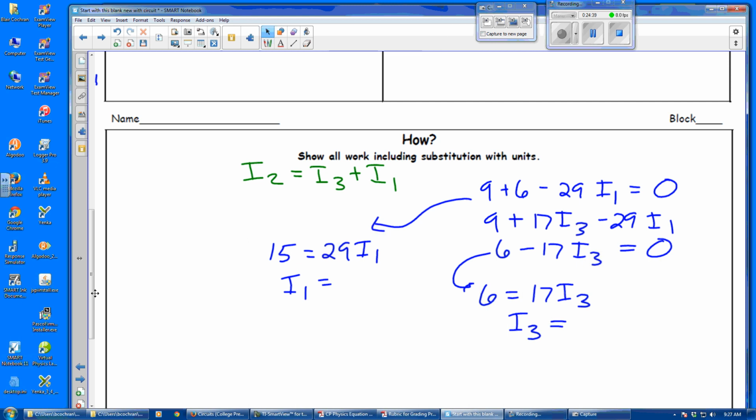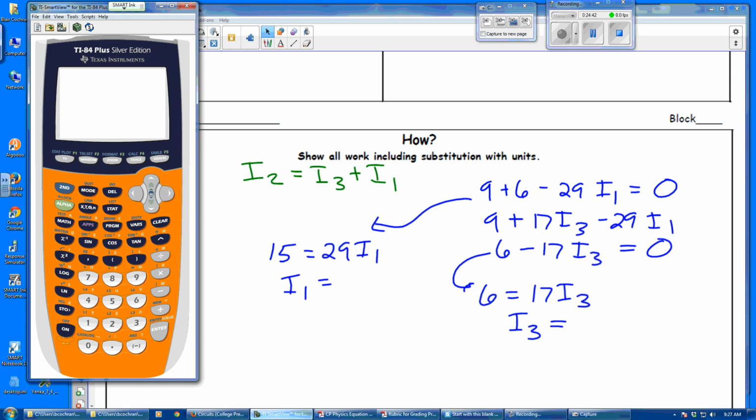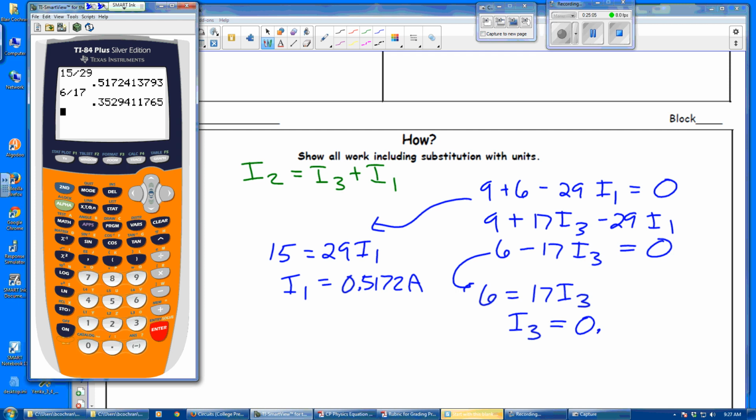Grab my calculator. 15 divided by 29. I get 0.5172 amps. And 6 divided by 17, I get 0.35294 amps. And then I'm going to do that center one.